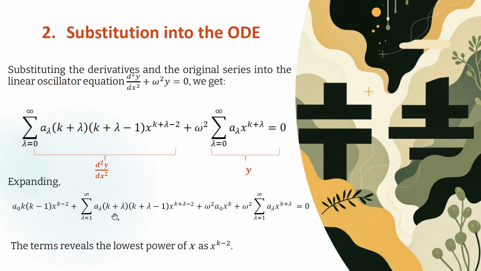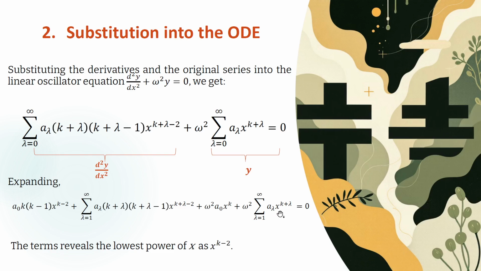The reason is because we already handled λ equal to 0. And then for the second term, we have plus omega squared a_0 x to the k plus the remaining terms in the summation, but in this case, we start from λ equal to 1 to infinity.